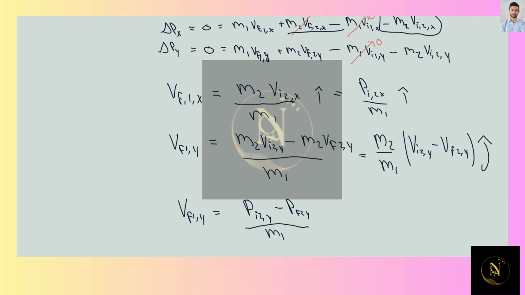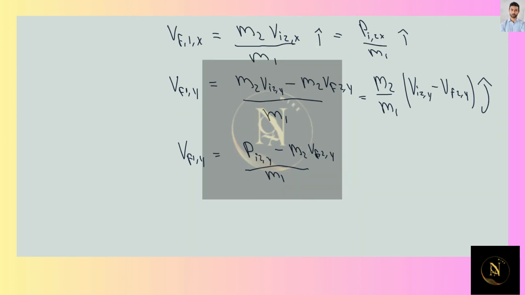And also here we're given the value of the velocity directly, so this final momentum we can write down as mass 2 times final velocity for 2 on the y-axis. Okay, so now we just need to substitute the values provided to us.